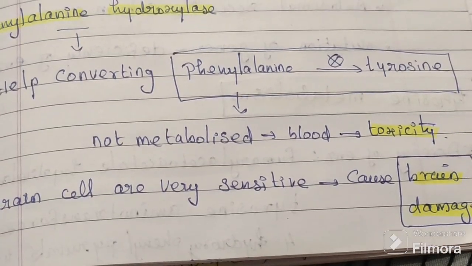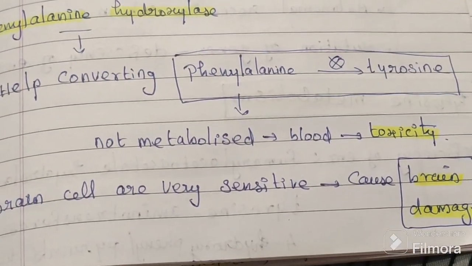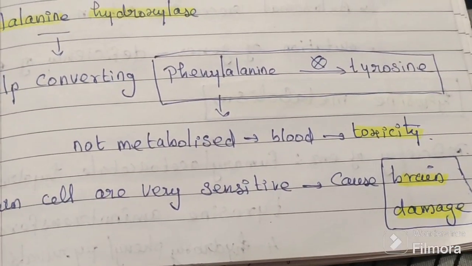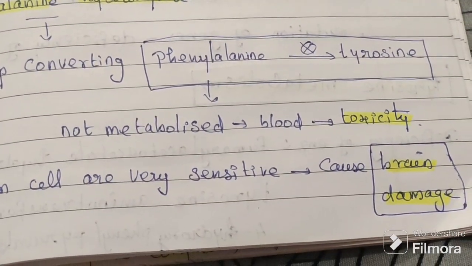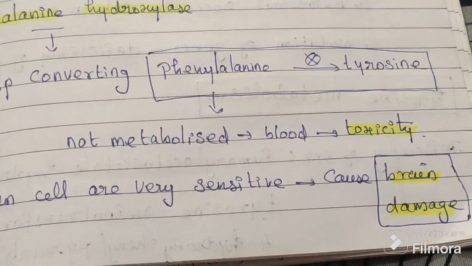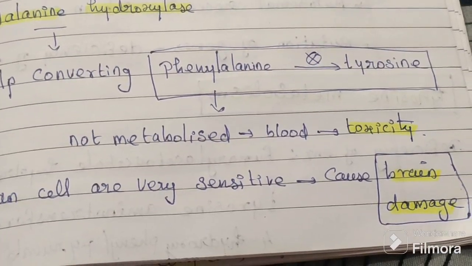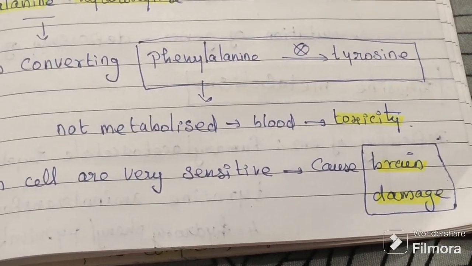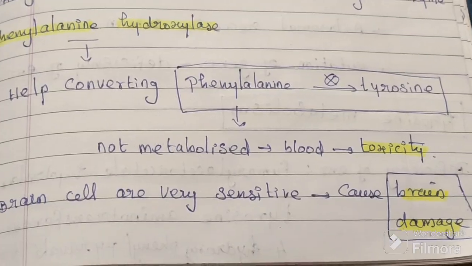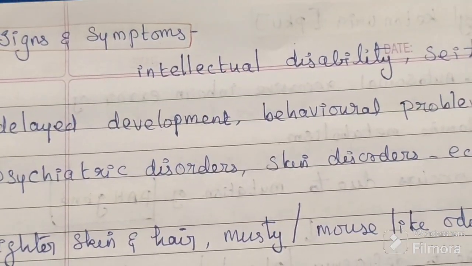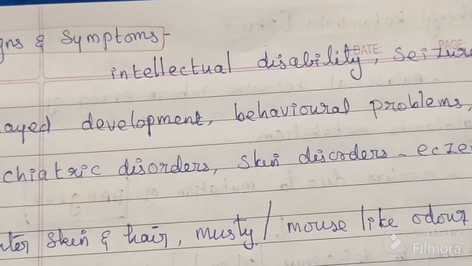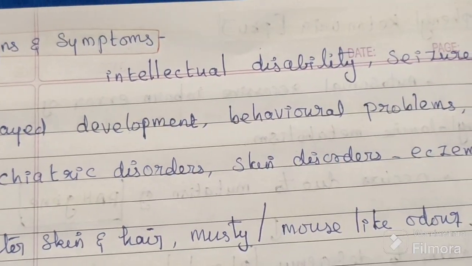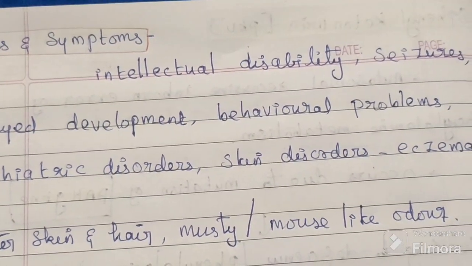The nerve cells in the brain are very sensitive to the excess phenylalanine level and this can cause brain damage. Infants with phenylketonuria appear normal until they are a few months old.